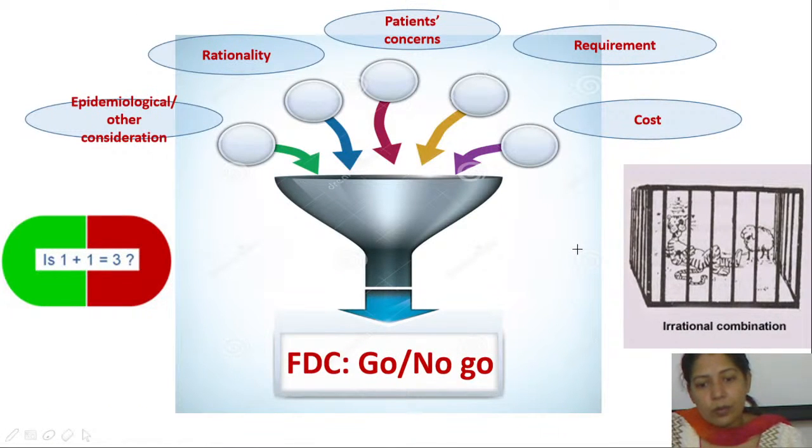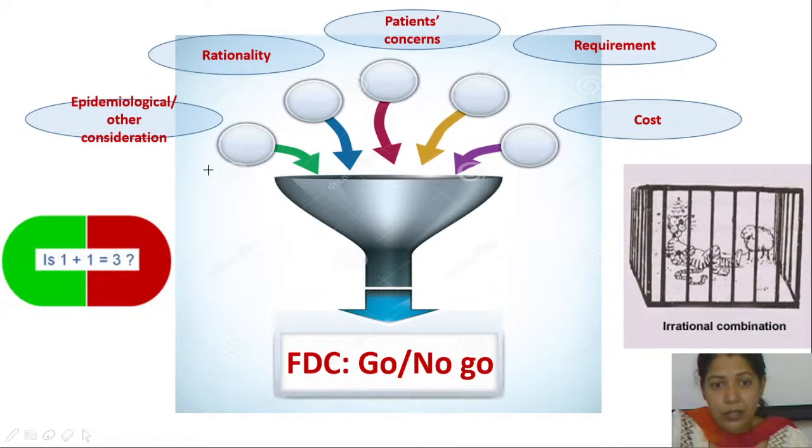So, to summarize fixed dose combinations, these are basically the criteria based on which it is decided whether an FDC should be developed or not. You look at epidemiological considerations, whether the disease is very important nationally, wherein reason would be more important than rationality.